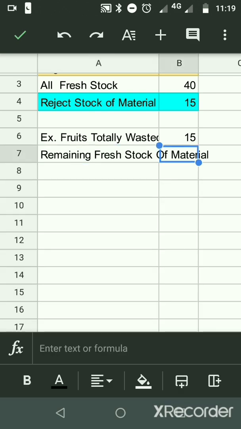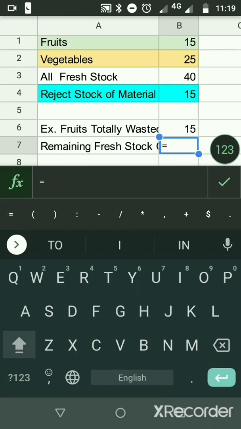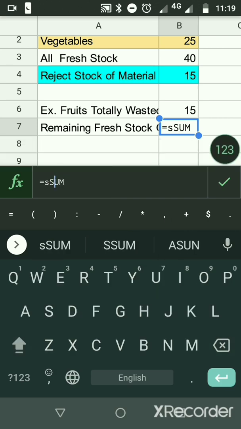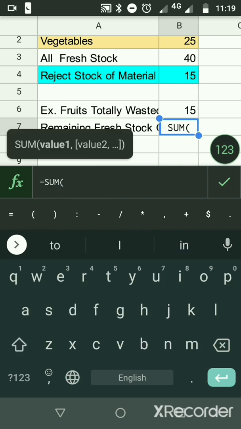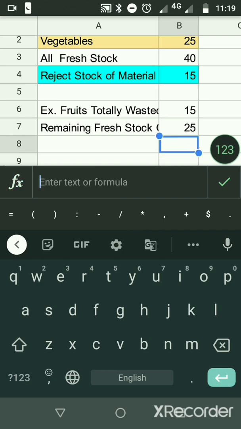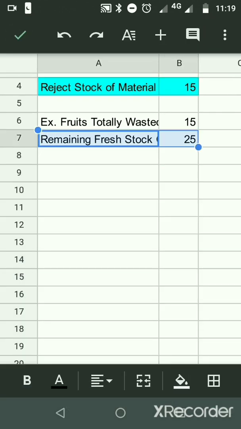So in this remaining fresh stock of material, here we can calculate sum, total stock minus wasted stock, bracket complete, comma deleted, and hence total is 25. So 25 is a remaining stock.